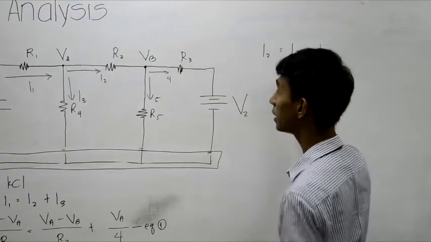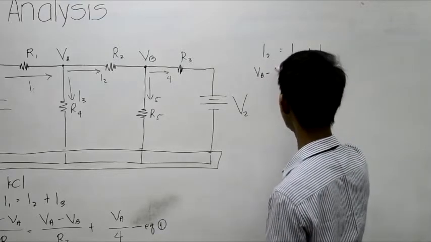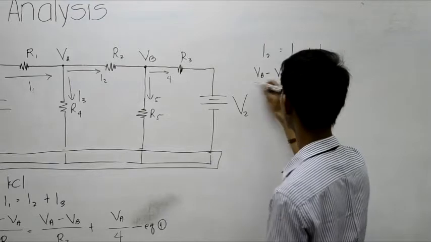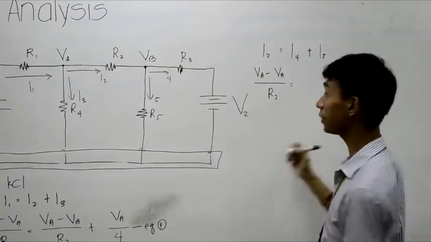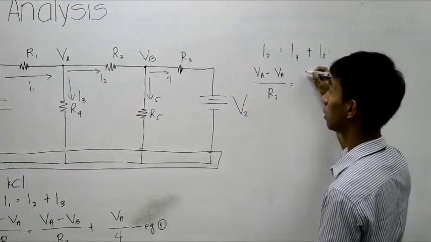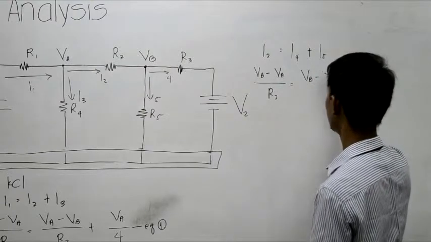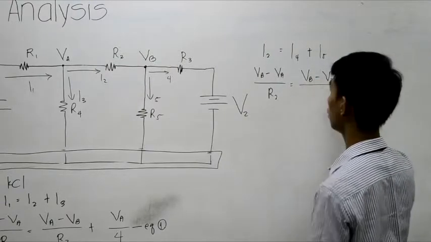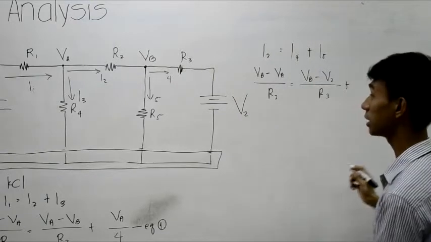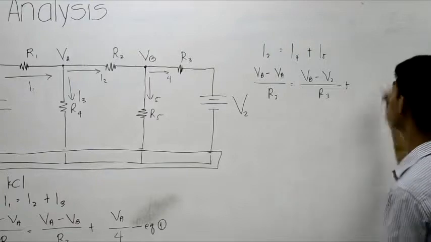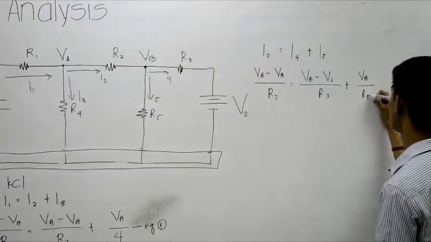But I2 is equal to VB minus VA all over R2, I4 is equal to VB minus V2 all over R3, and I5 is equal to VB all over R5.